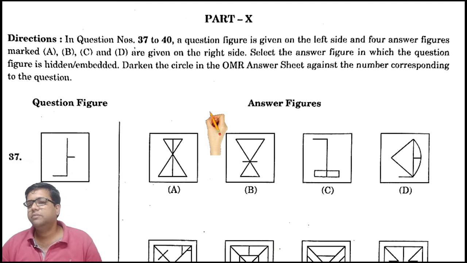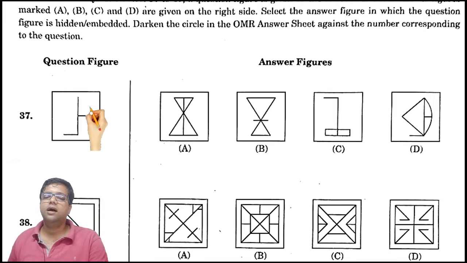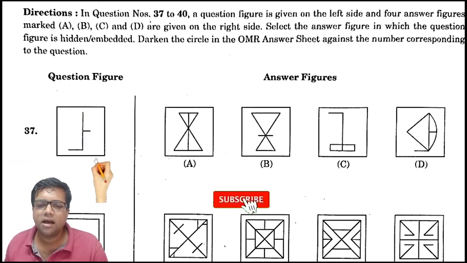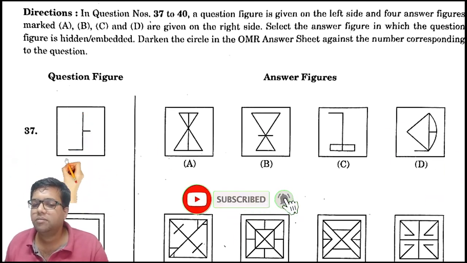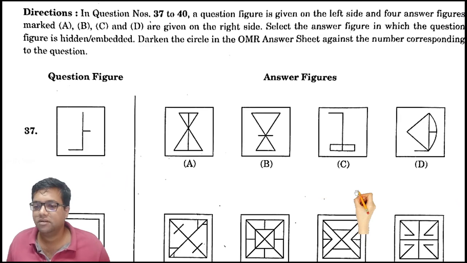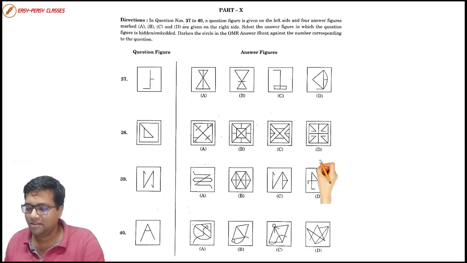Darken the circle in the OMR answer sheet against the corresponding question. What they are asking us to do is, there is a figure given over here, and somehow the question figure is hidden inside the answer figure. You need to find out in which option it is hidden. Let us see. This is going to be fun actually.